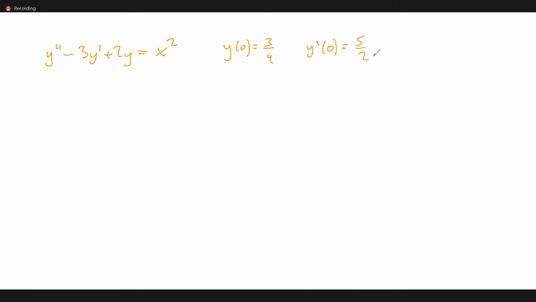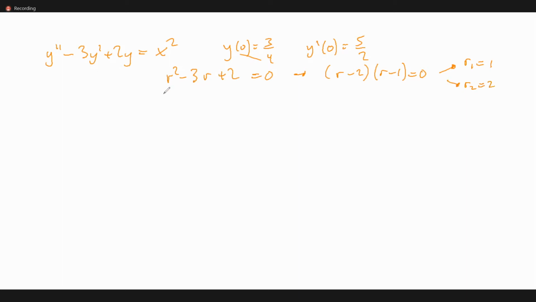So the first step is to solve the homogeneous equation. That is y double prime minus 3y prime plus 2y is equal to 0. So the characteristic equation in this case will have coefficients 1, -3, 2, which factorizes to r minus 2 times r minus 1, giving the two solutions 1 and 2.